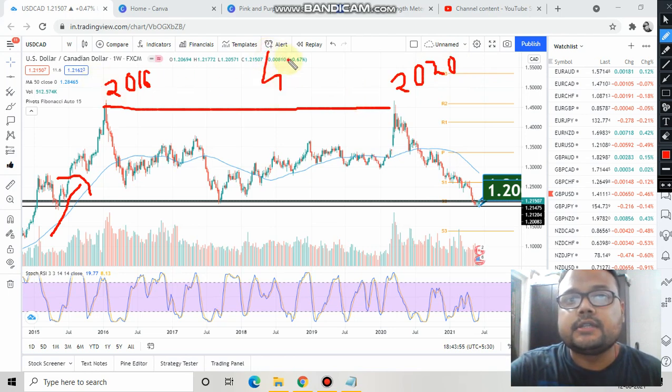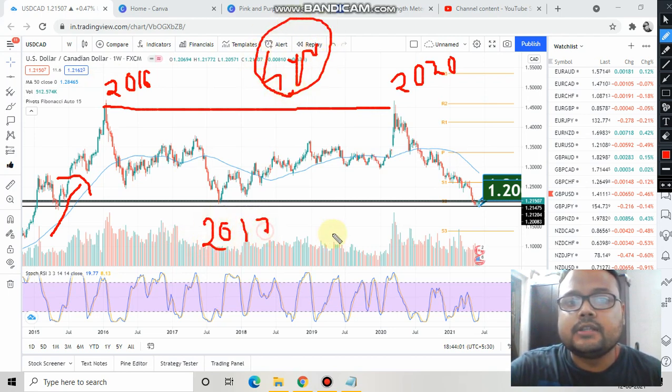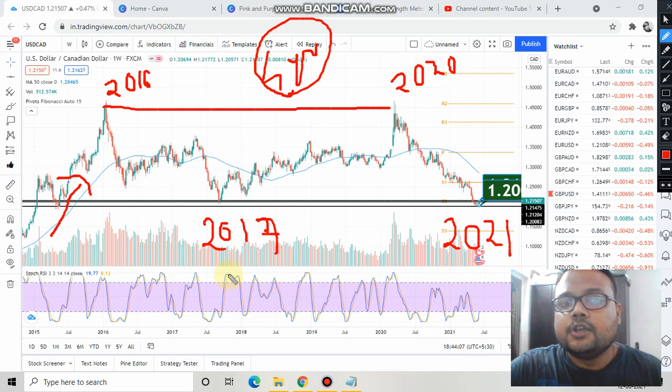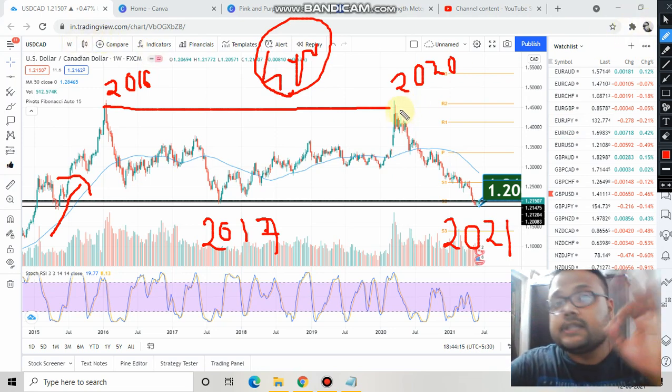So 4 years, and the resistance is still valid. Therefore, the support from 2017 is still acting as a valid support, and as a result, market is falling since 2020. For one whole year, market is in downtrend.